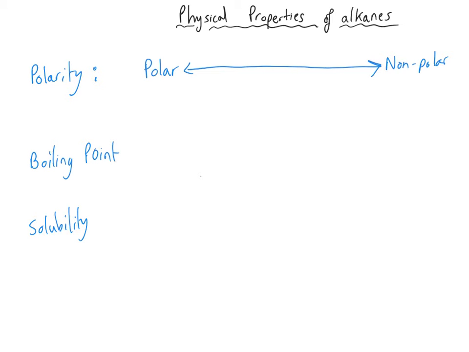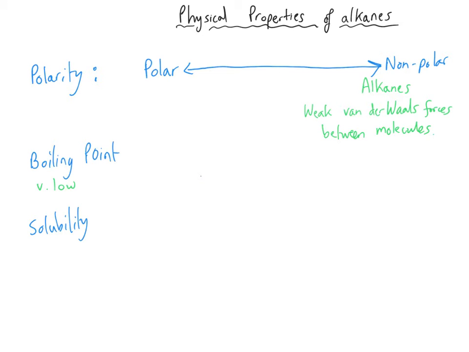And the larger the molecule, the stronger the van der Waals forces are. And so, because of these non-polar alkanes and the weak van der Waals forces, the boiling points of alkanes are generally very low. And so a lot of these alkanes are gases at room temperature. Certainly the smaller ones are.